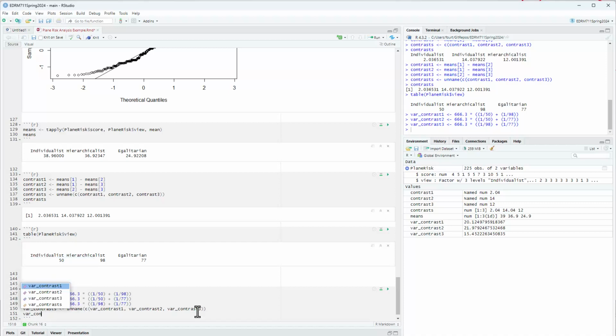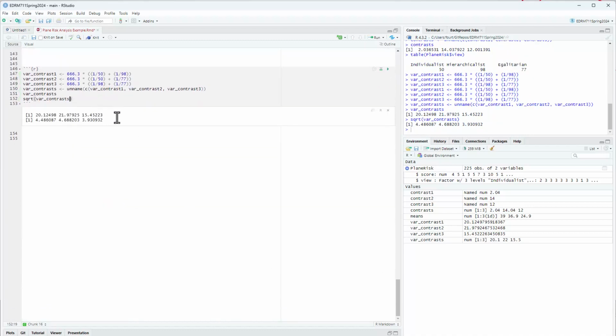And I'll go ahead and get the variance, but then let's also get the standard errors, which would just be the square root of the variance. So here are the variances, and here are the standard errors.